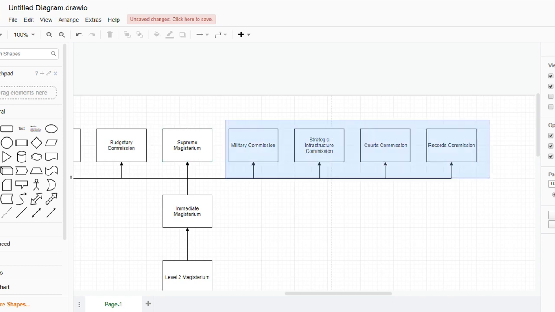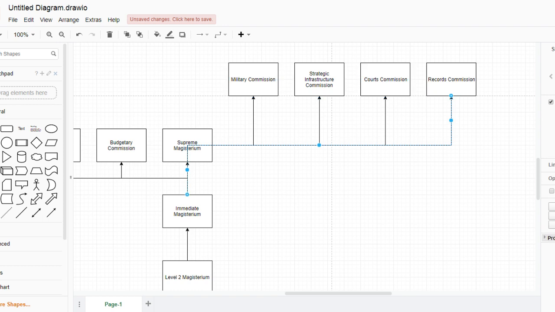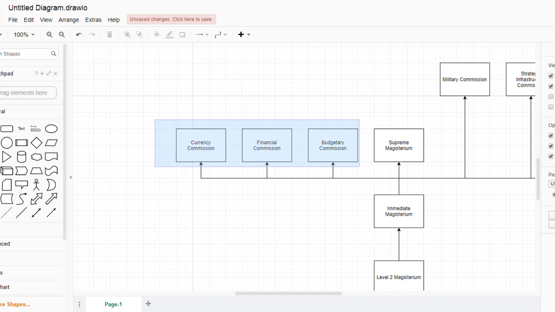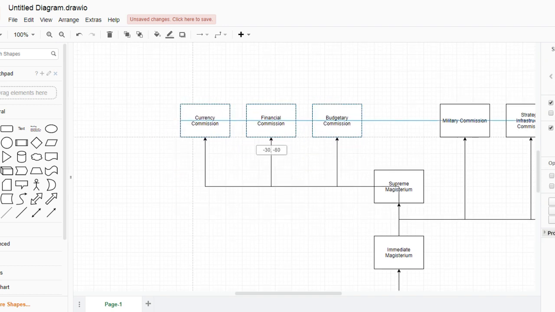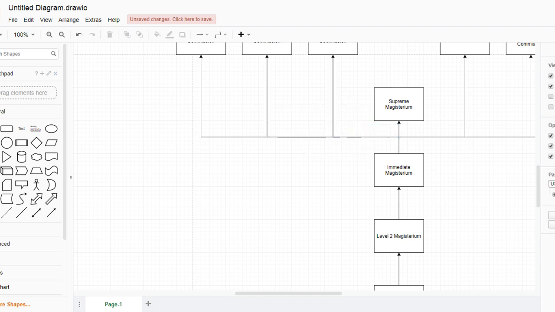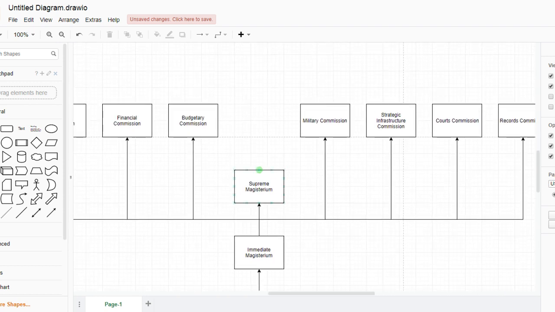So I'm going to actually push these up a bit. And I'm going to pull this down. Because these commissions are also elected by the Supreme Magisterium as well. So the way it works is that the leading member of a commission, who has the primary executive powers of the commission, is elected by the Supreme Magisterium.